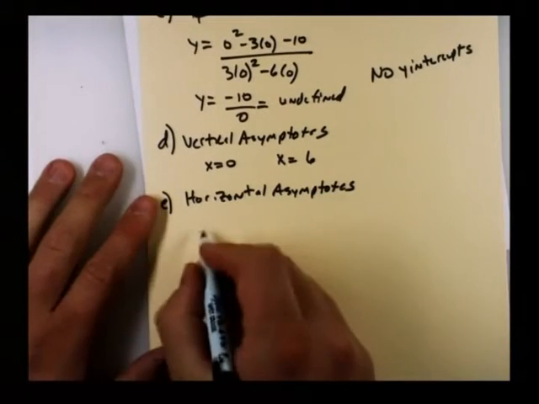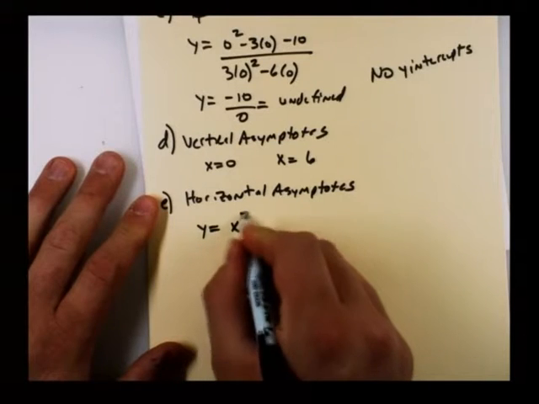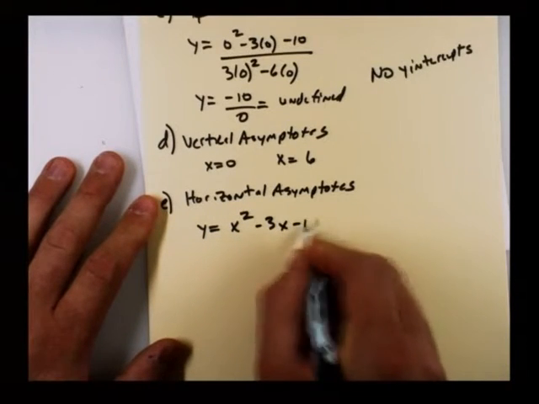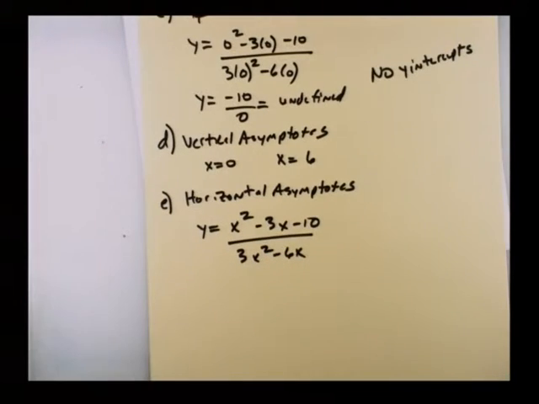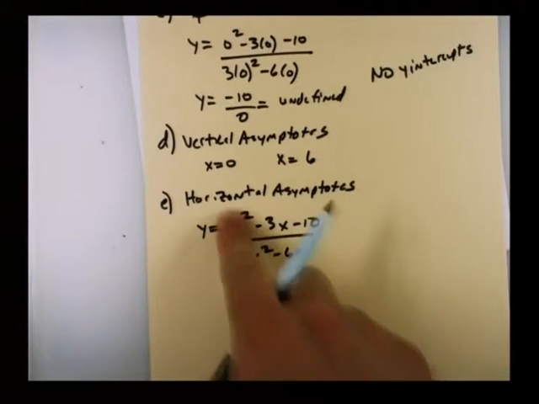This one we're going to have to write that original function out. Y is equal to x squared minus 3x minus 10 over 3x squared minus 6x. Okay, what's our largest power? It's x squared.